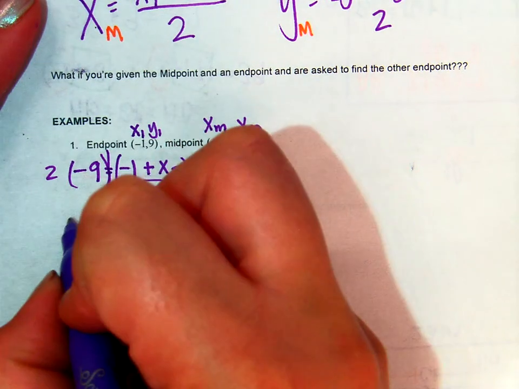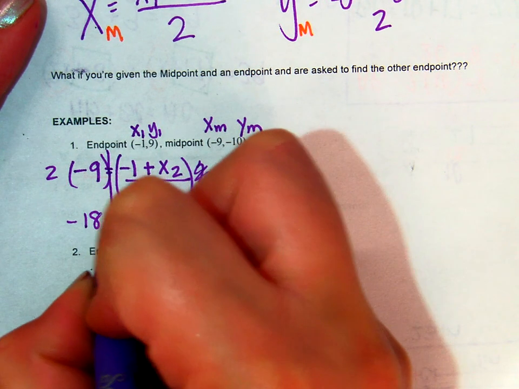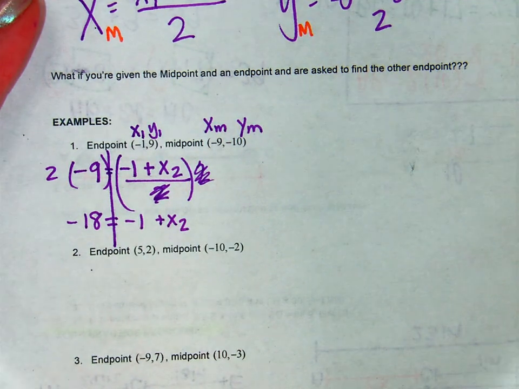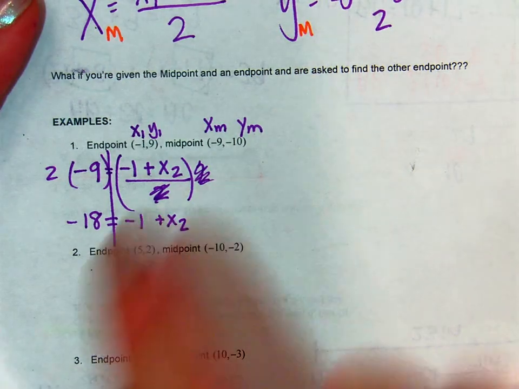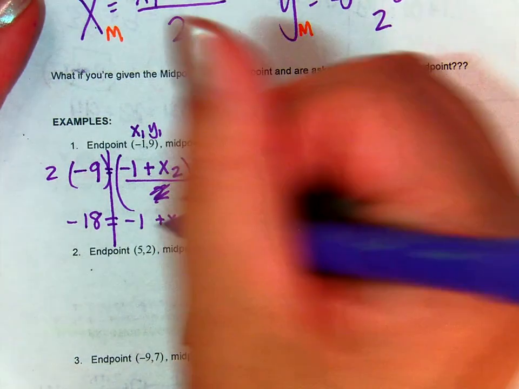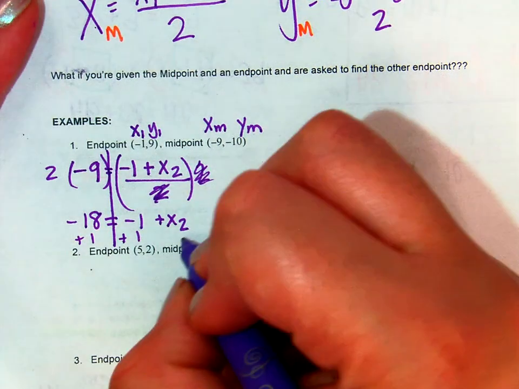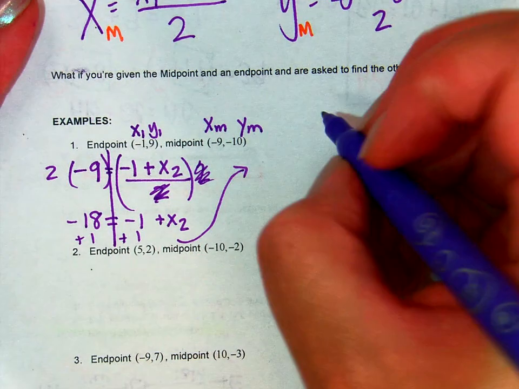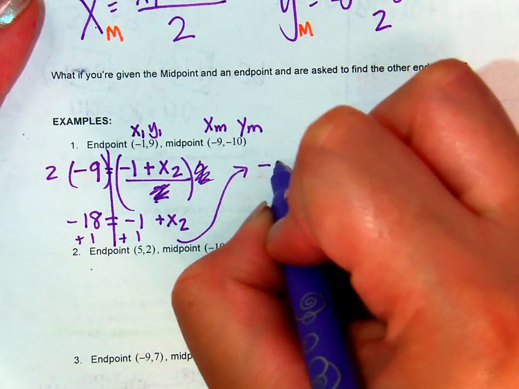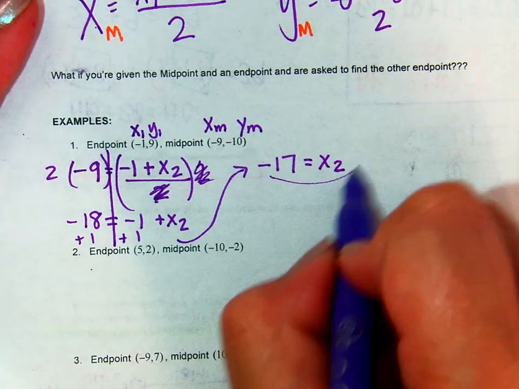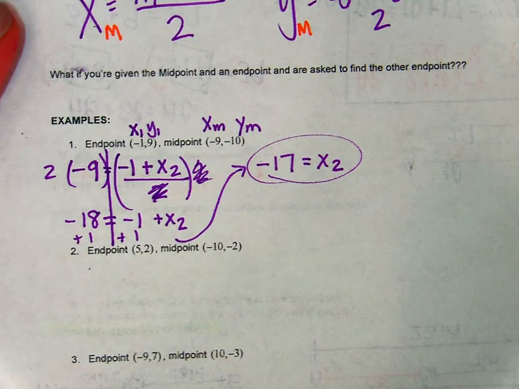So I get negative 18 equals negative 1 plus x2. So to get x2 by itself, we add 1 to both sides. Negative 18 plus 1 is negative 17. So that's part of the endpoint.